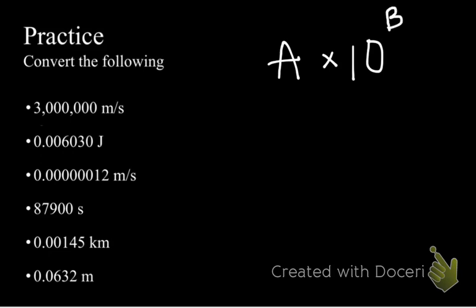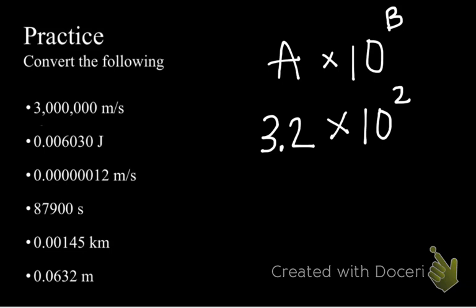So for example, if my coefficient is 3.2 times 10 to the power of 2. Okay, so 10 to the power of 2 is 10 times 10, which is 100.